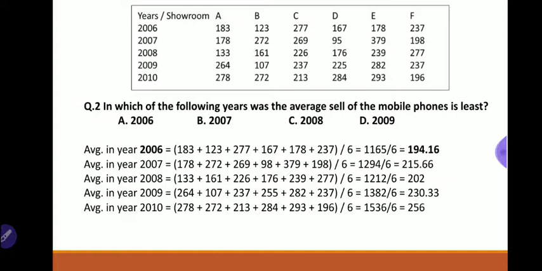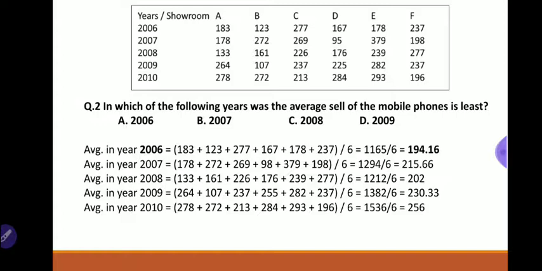Therefore, the average of that will be the least. Therefore, option A, 2006, will be the correct answer. In that year only the average sale will be the least. So here you need not find the exact average value or ratio, just find the addition, and whichever addition is less will have the lower average.